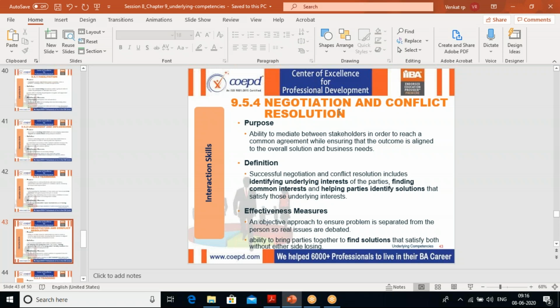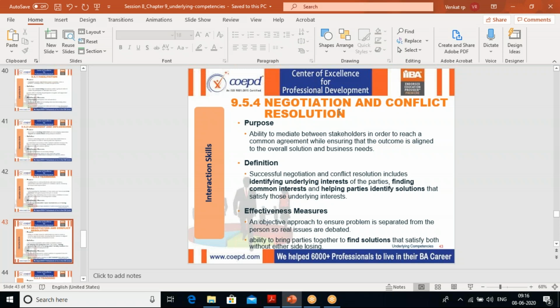So here the negotiations come into picture, and you can see a lot of conflicts happening here. The conflicts happen because there is a difference between the expectation set and the actuals we can deliver. There's a mismatch here. So to bring both of them to the same page, we have to resolve the conflicts, and we have to negotiate.